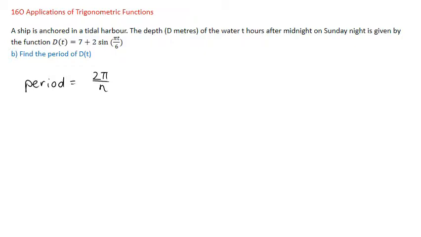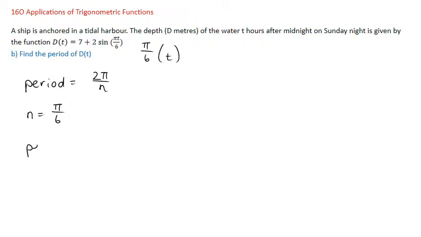Right, x in this situation is t. What's in front of the t? Pi on 6, because you can also write this as pi on 6 t, if you would like. It's the same thing. So n equals pi on 6.